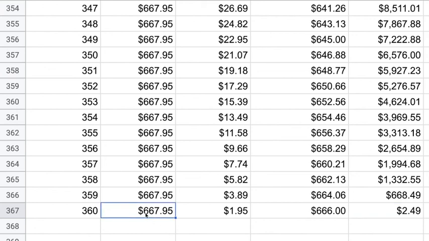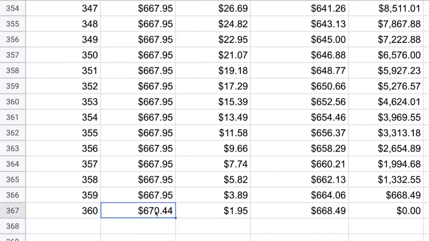We're going to change our payment here to account for this extra $2.49. So over here, I'm going to change this by just adding $2.49. And by doing that, I get a loan balance of zero. So this is what's called a balloon payment.